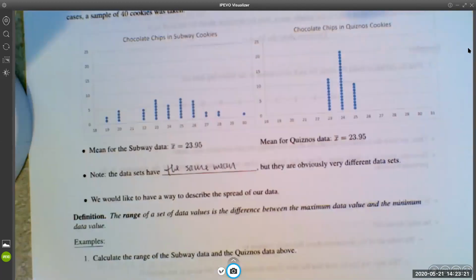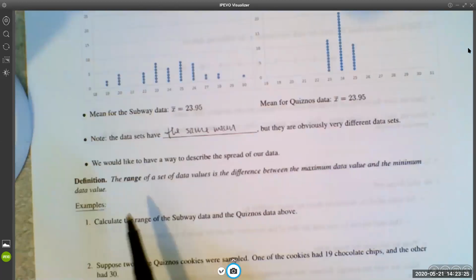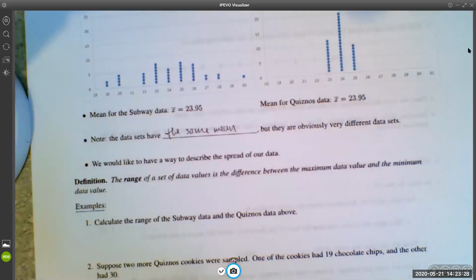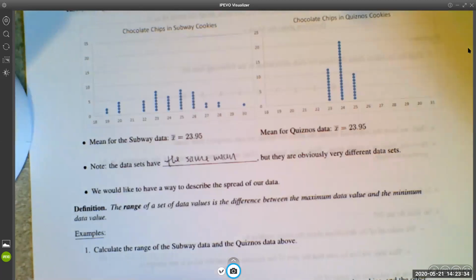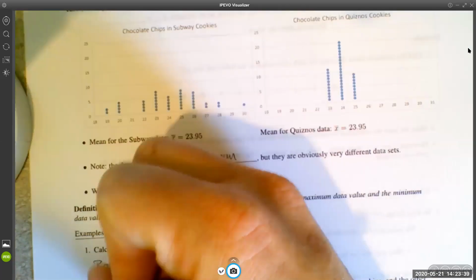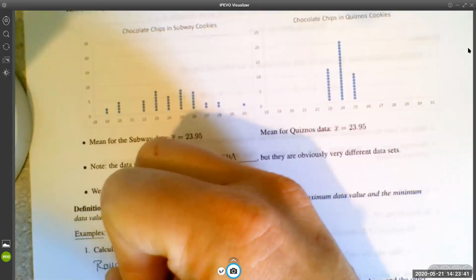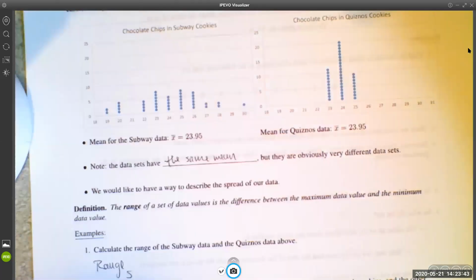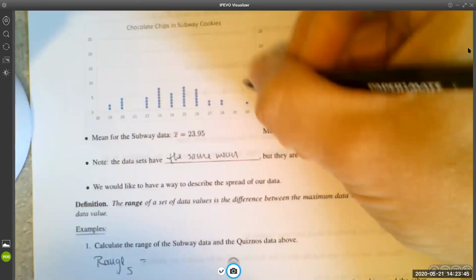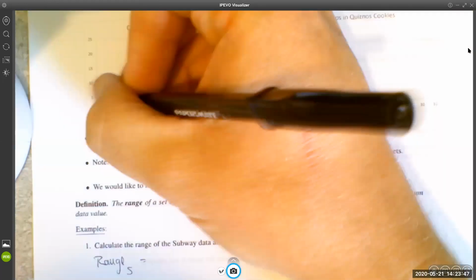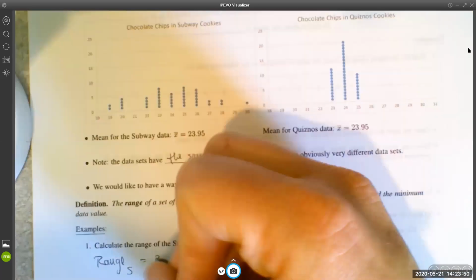The first way that we might think about doing this, a kind of naive approach, would be to look at the range of a set of data values. The range is the difference between the maximum value and the minimum value. At first glance, it seems like this is going to be a good measurement of how spread out the data is. If we look at the range of the Subway data, I'm going to call it range sub S, it would be the maximum 30 minus the minimum 19, so 30 minus 19, which is 11.